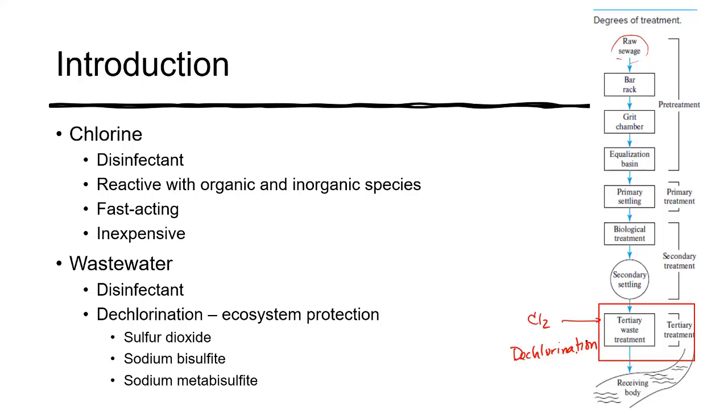Now, in order to dechlorinate that wastewater, to protect the ecosystem, there's a number of chemicals that can be added, from sulfur dioxide to sodium bisulfite, sodium metabisulfite. You'll see later, we will actually do some calculations for the addition of sodium bisulfite.